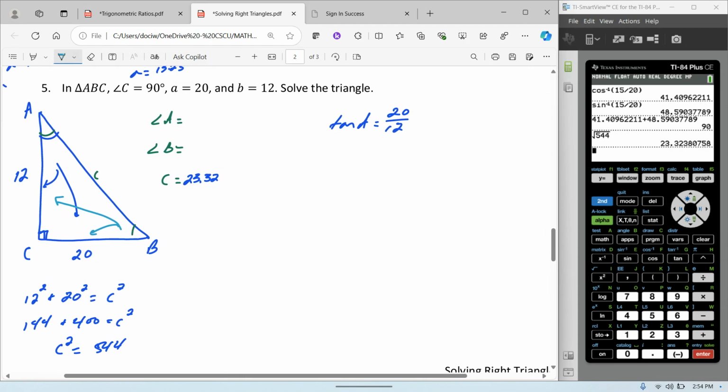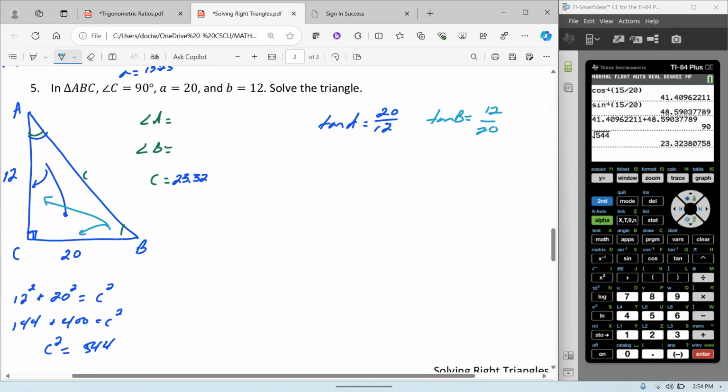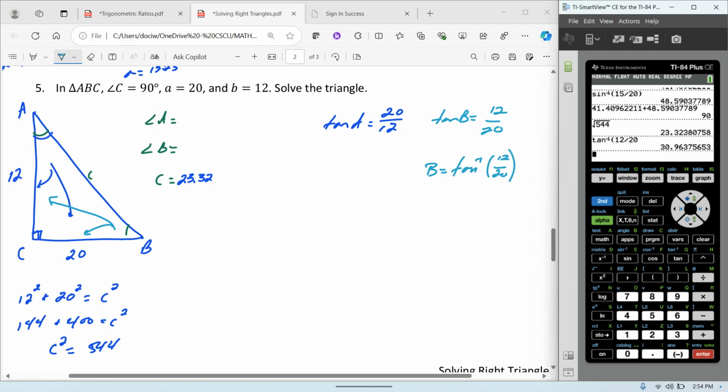So I could say that the tangent of angle B is 12 over 20, and I'm going to solve those two. Since I've already got this color on my marker, remember inverse tangent. B is the inverse tangent of 12 over 20. So inverse tangent 12 over 20 is 30.96 degrees.